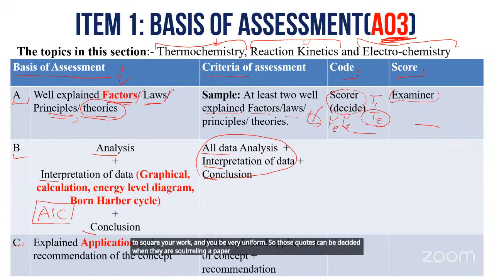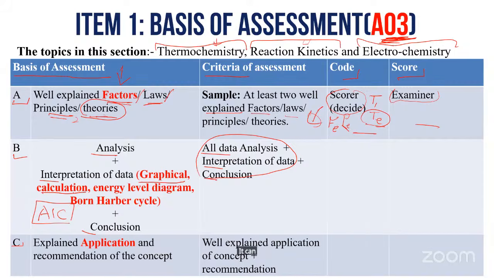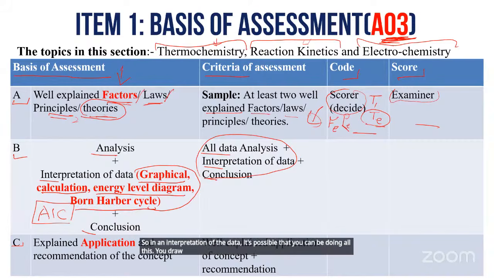Now, in interpretation of the data, it can even be a graph you're interpreting. It can be a calculation you're carrying out. It can be an energy level diagram. It can be a Born-Haber cycle. Are you seeing that? So in interpretation of the data, it's possible that you can be doing all this. You draw the graph and then you analyze that data and interpret that data.